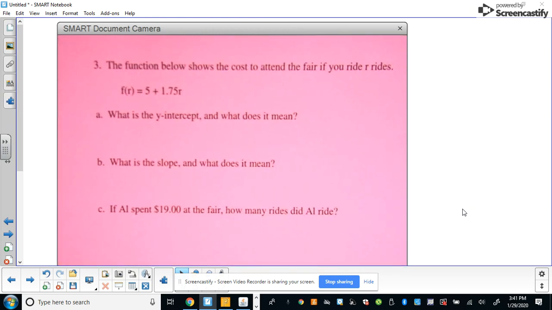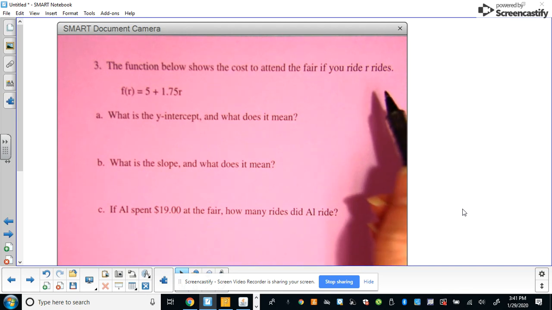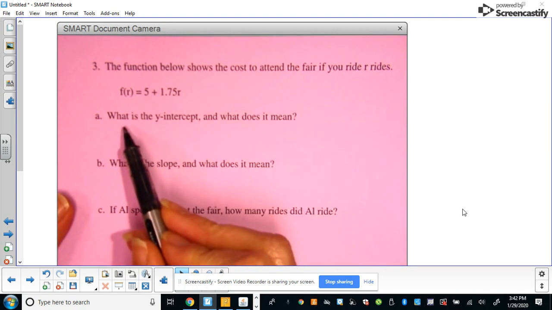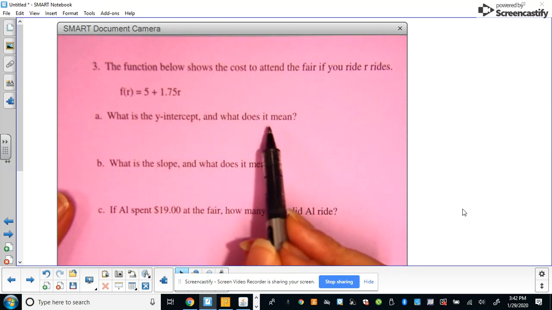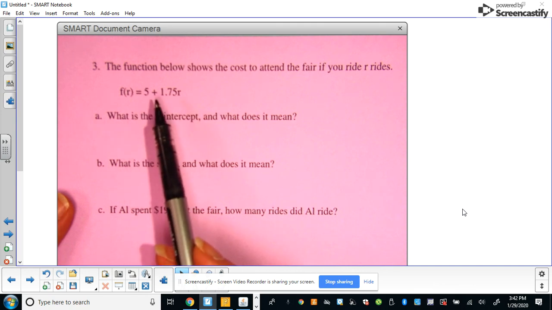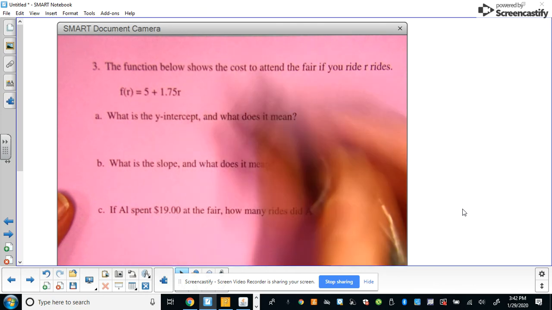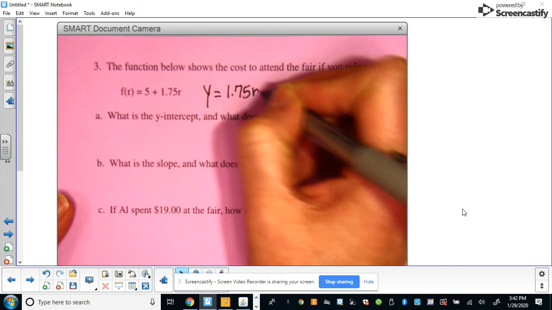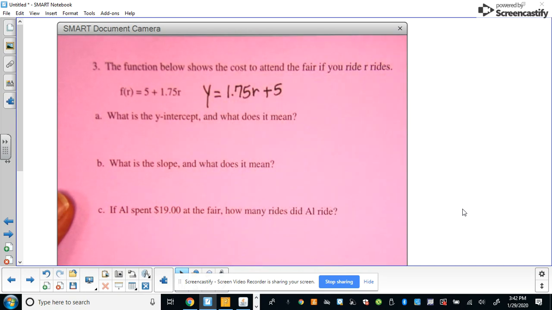Here we have a function that shows the cost to attend the fair if you ride rides, and R is the variable for rides. It asks, what is the y-intercept and what does it mean? Don't be tricked here, they have it in a different form, just in reverse.